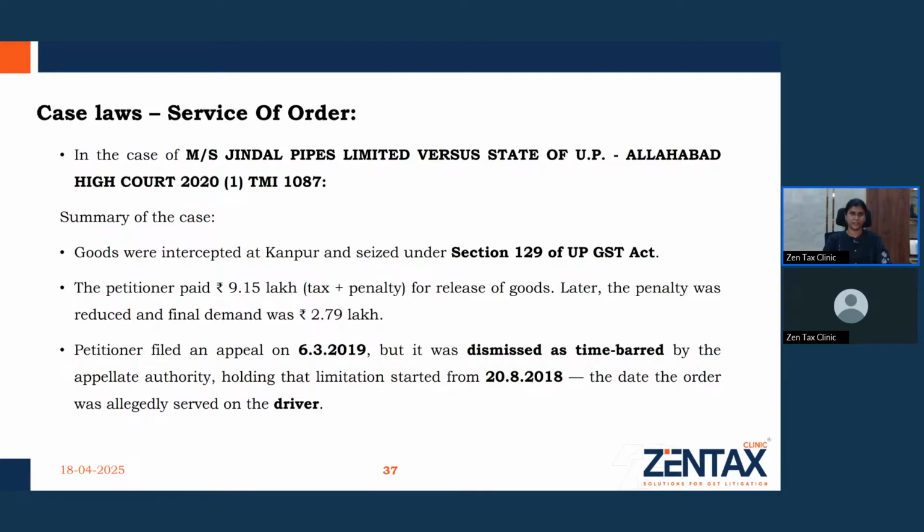The appeal was filed after the time limit. That is, the appellate authority has stated that the limitation period started from 28/2019. This 28/2019 is the date on which the order or notice was served on the driver of the consignment.